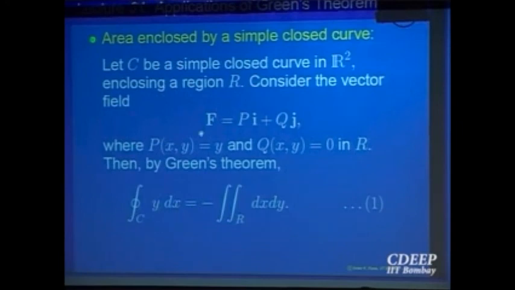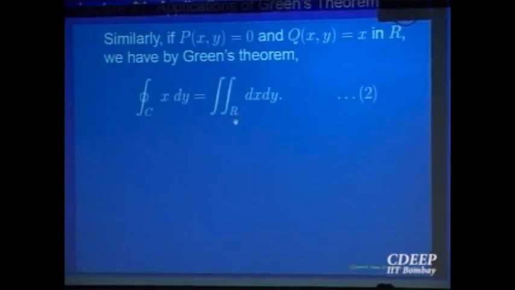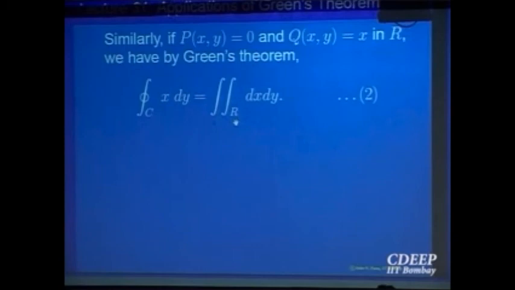But I can do it the other way around. Why should there be partiality between P and Q? I can make P equal to 0 and Q equal to x. If I do that, I get the line integral of x dy, so I get 2 formulas for area. I can have a third one if you like. You can add these, both are areas, right? One gives you x dy, the other gives you minus y dx.